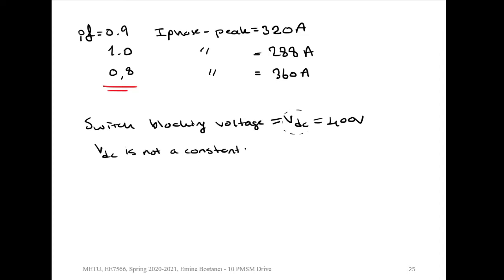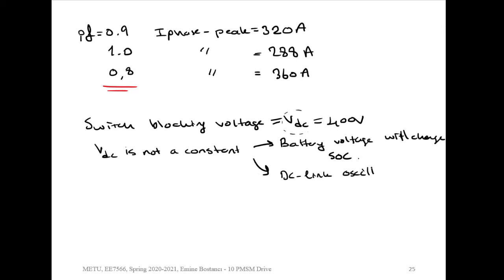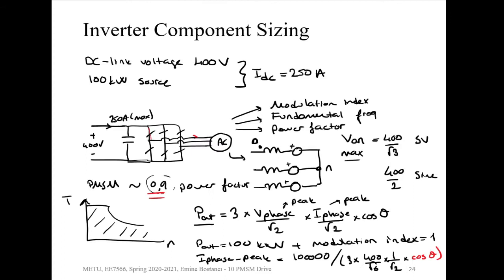And there are basically two reasons. The first reason is battery voltage is not going to be constant. Battery voltage will change with SOC. And the second reason is, there can be some oscillations in the DC link. So DC link oscillations. This can be due to the transients, and this can also be due to the other components which are connected to the DC link.